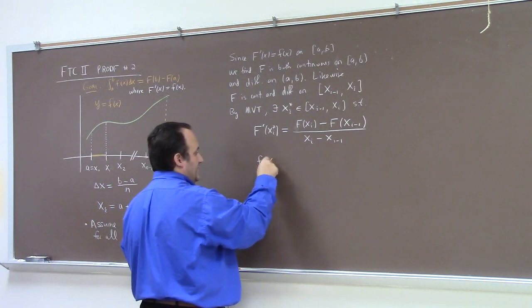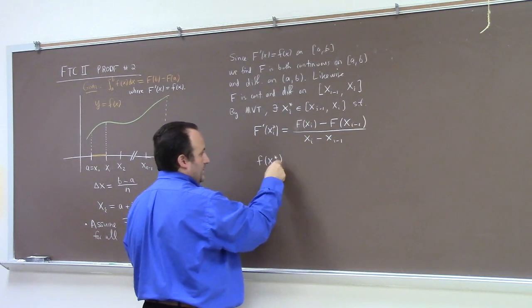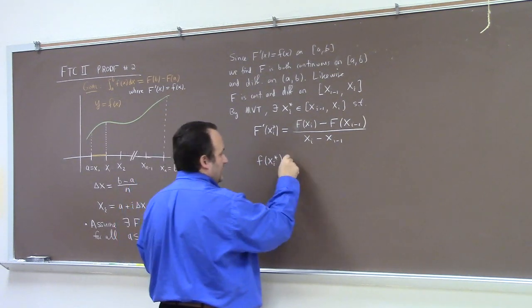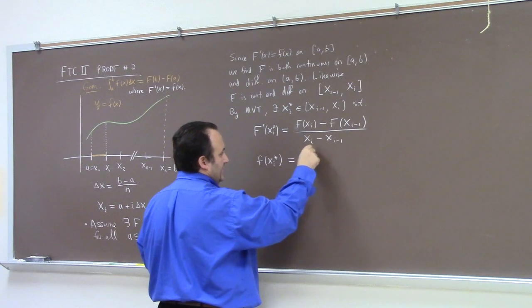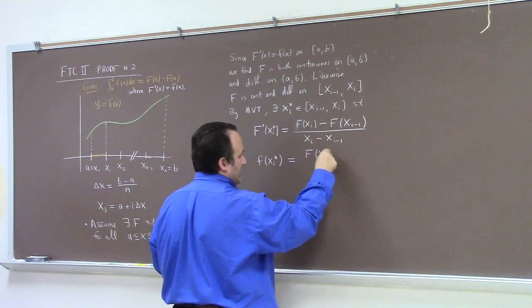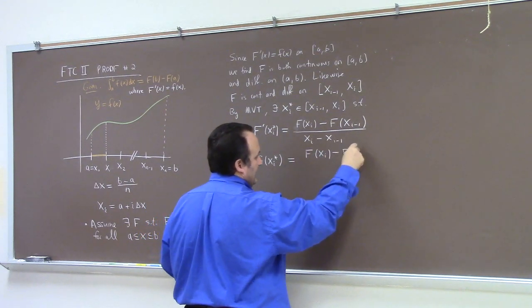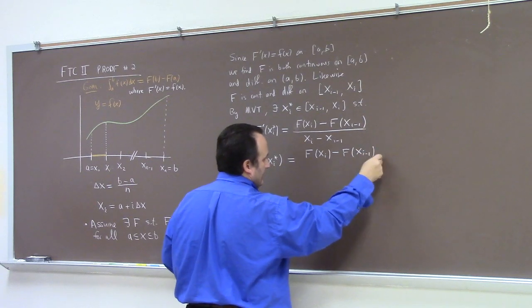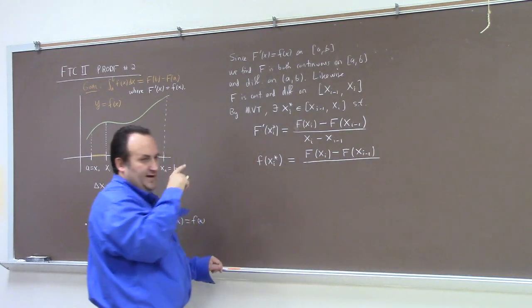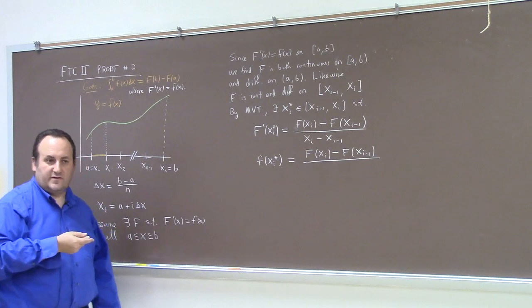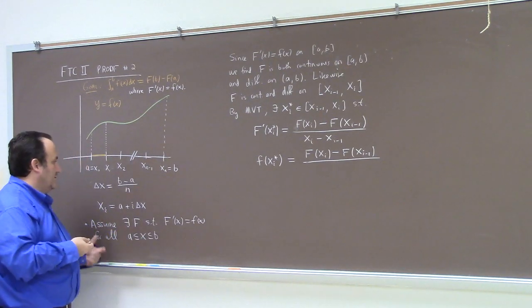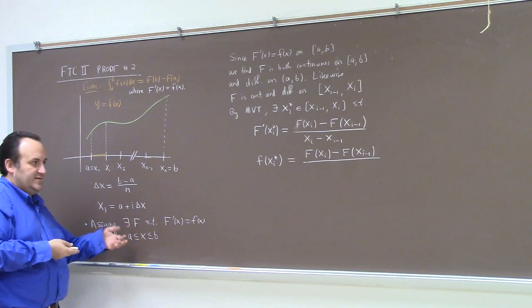f of x sub i star is equal to big F of x sub i minus big F of x sub i minus 1 divided by, what's the difference of the ith and the i minus 1 partition point, remember? It's essentially, by construction, just delta x, right?